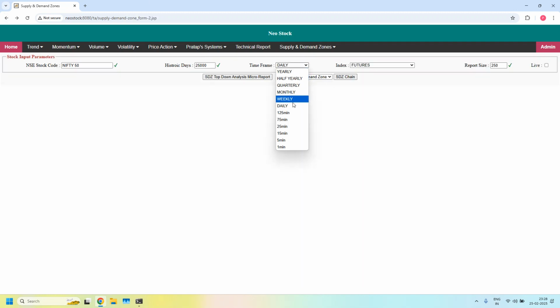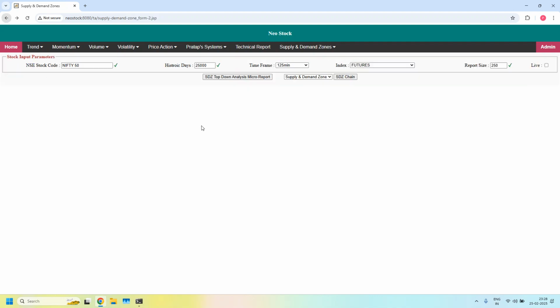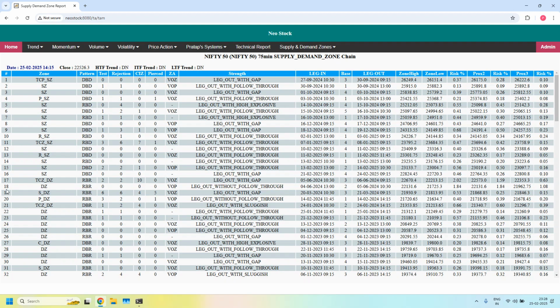Next, 125-minute supply demand zone chain for Nifty. Next, 75-minute supply demand zone chain for Nifty. 17th is the nearest demand zone to the current closing price, the 75 minutes demand zone.